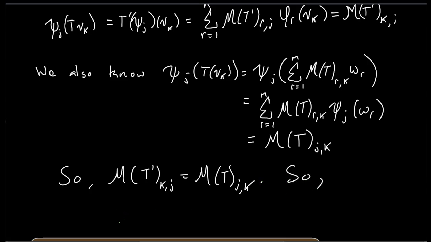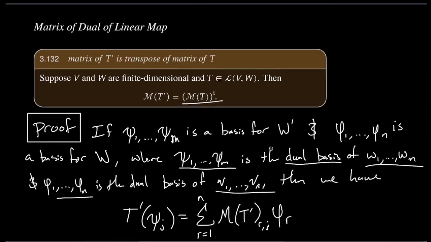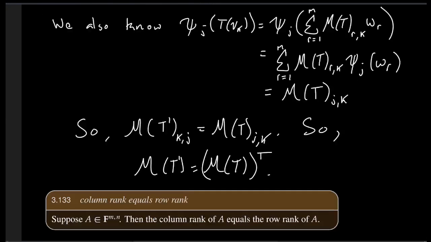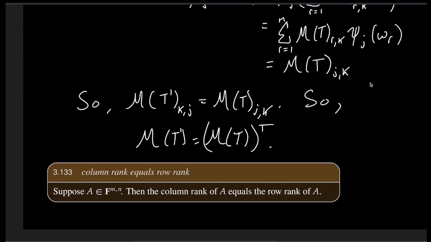So the matrix of T prime is equal to the matrix of T transpose. All we had to do was get that they're the same except for the indices being switched. Then just transpose it, and now you've got it.